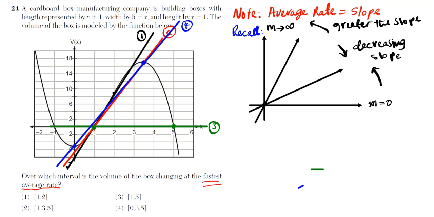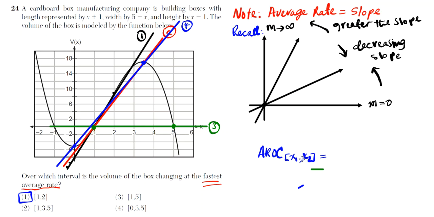We can clearly see that the steepest line, the one that's closest to the vertical line, is graph number 1. Okay, so this is the fastest average rate or the greatest slope in this scenario. Another way you can do it is you can find the x and y coordinates, and then you can use the formula average rate of change from x1 to x2.